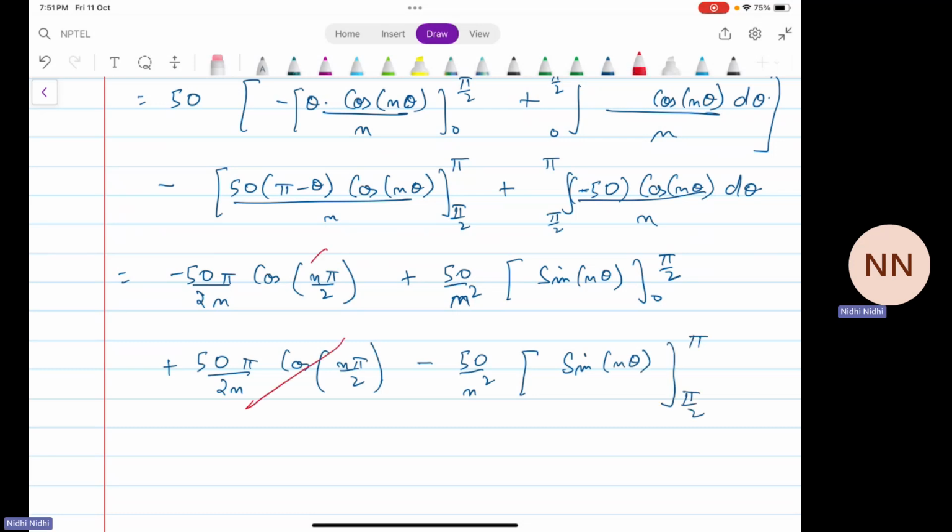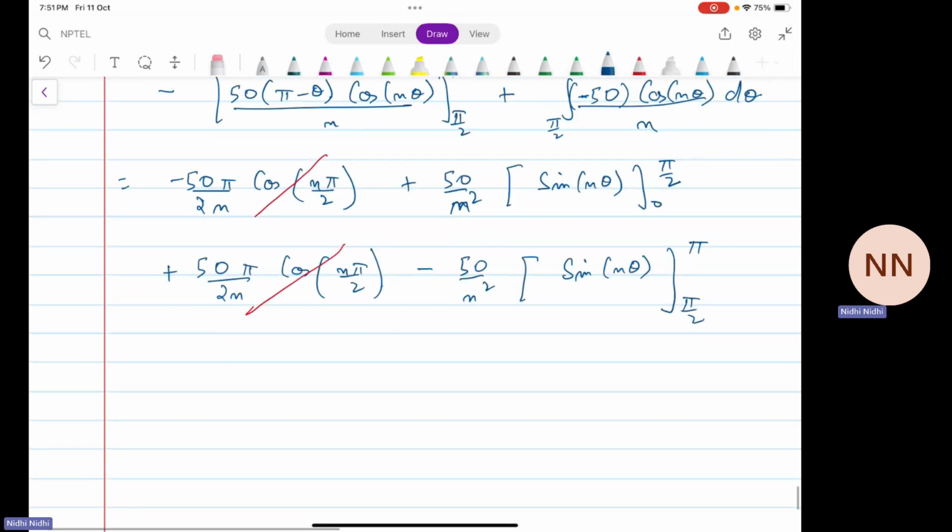So this gets cancelled out. This is 50 by n square sine n pi by 2, because sine 0 is 0, the lower limit will be 0.